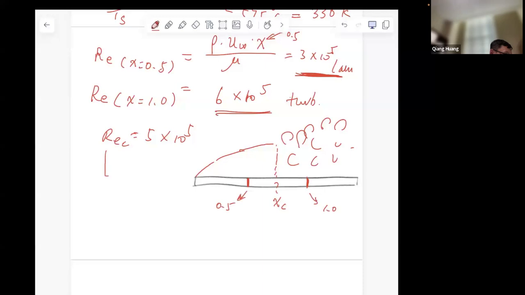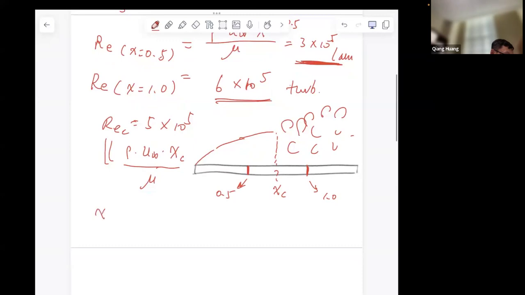So the critical Reynolds number equals the density, velocity, and the position of the critical point over the viscosity. So you can calculate that: it is the critical Reynolds number times the viscosity, over the density and the velocity. It is 0.8 meter.